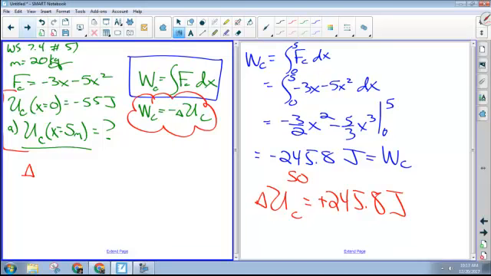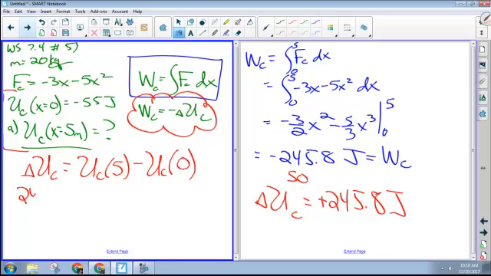Oh, well, my change in potential energy due to my conservative force is final minus initial. So it's the potential energy when x is 5 minus the potential energy when x is 0. So plug in your numbers.